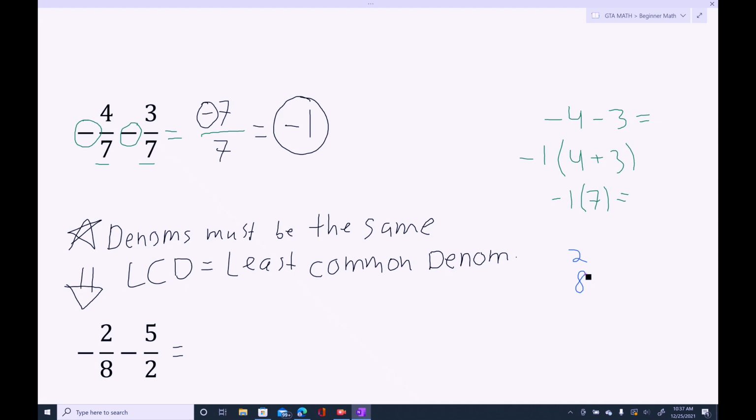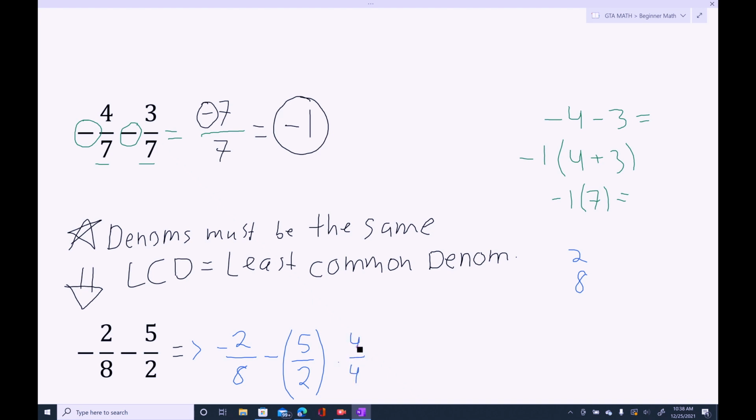So what if I multiplied this fraction by 4?